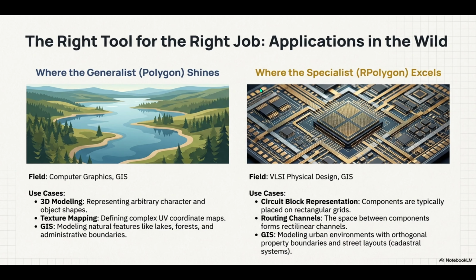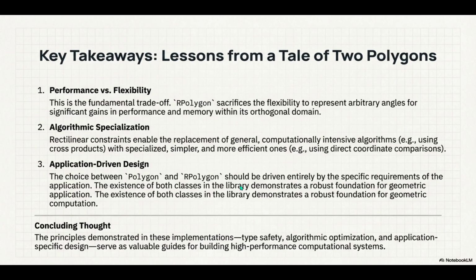Because chip layout lives on a rigid grid and only uses right angles, the engineer can replace computationally heavy general-purpose math, like calculating cross products across floating point coordinates, with simple integer-based coordinate comparisons and highly optimized specialized formulas. The constraint isn't a limitation, it's a design feature. A feature that leads directly to a 50% memory saving and vast algorithmic acceleration.